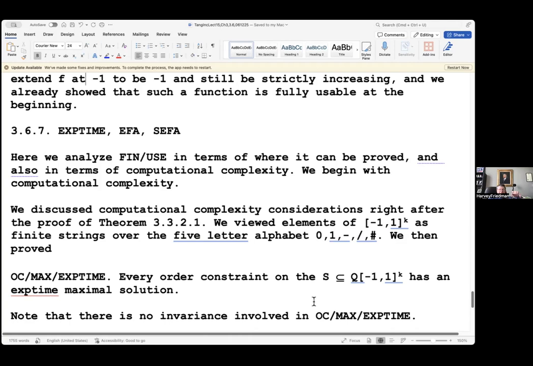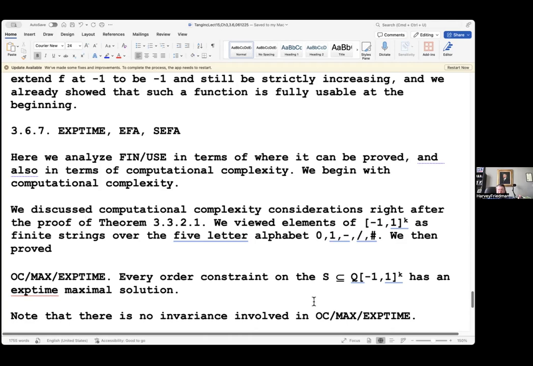We then proved that every order constraint on the S has an exponential time maximal solution, right?